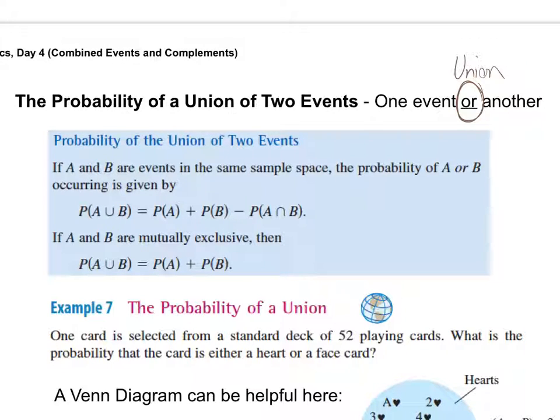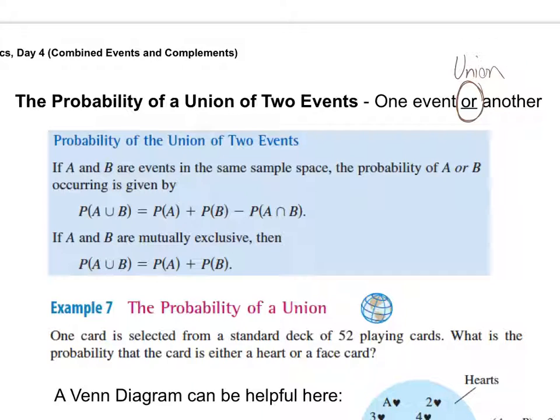So, you'll notice here, actually I have a Venn diagram down below. You'll notice here the formula that we have. We have the probability of A union B equals the probability of A plus the probability of B minus the probability of the intersection. And then if they're mutually exclusive, notice we're not subtracting that intersection.